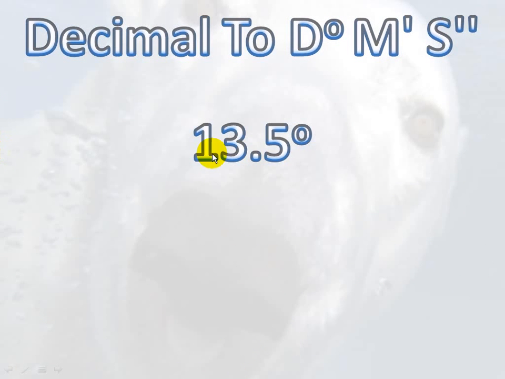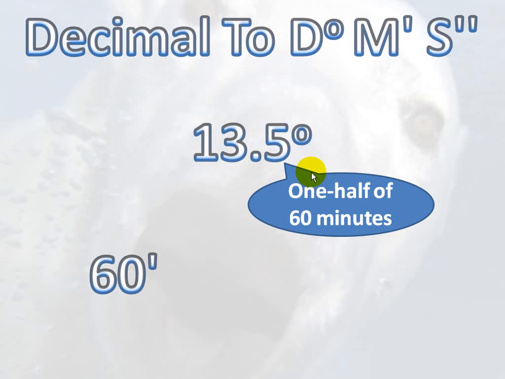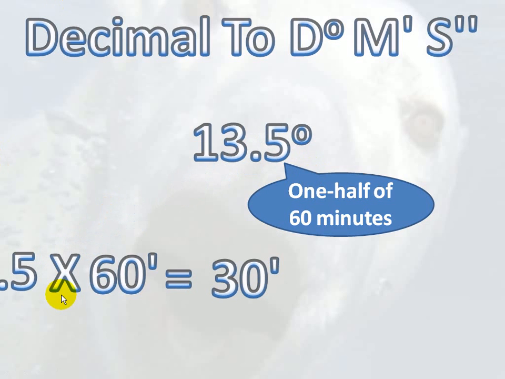Notice what this is saying is we have 13 whole degrees and then half of another degree. Well, that's 5/10 if we've divided the degree up into 10 equal parts. What if we've divided it up into 60 equal parts? Well, that would be 1/2 of 60. So we just multiply 0.5 times 60 and we get 30 minutes.